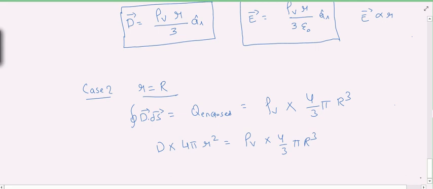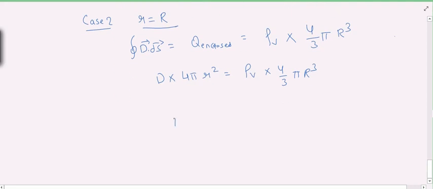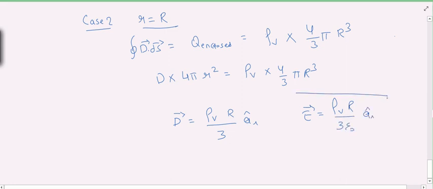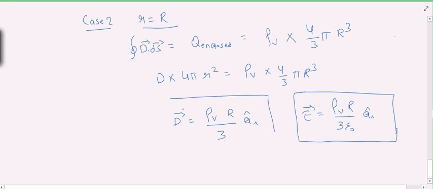The final value of D in vector form will be rho v into R by 3 a_r cap, and the value of E will be rho v into R by 3 epsilon naught a_r cap, right? This will be the value of the electric field intensity at the surface of this uniformly charged sphere.